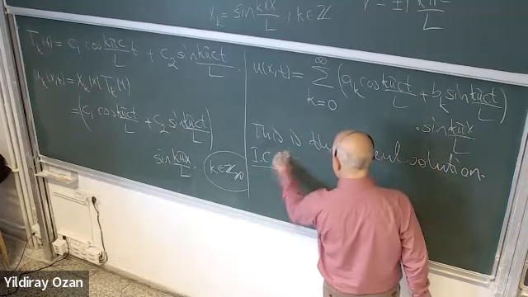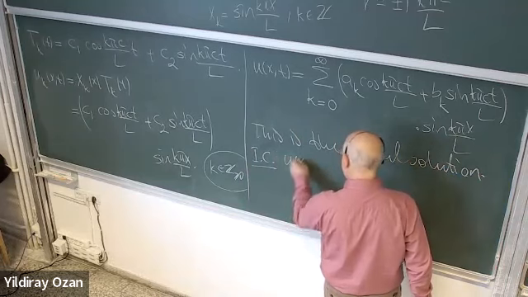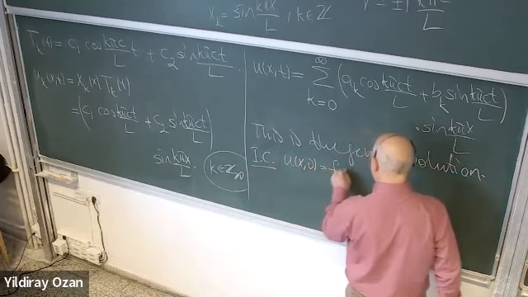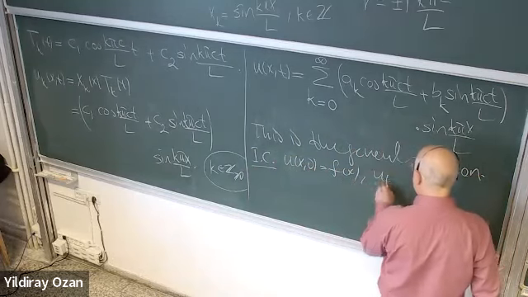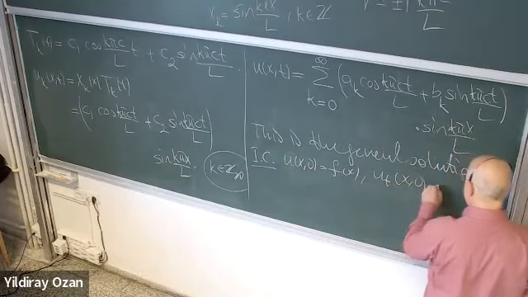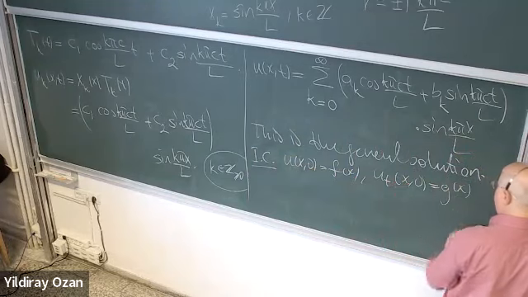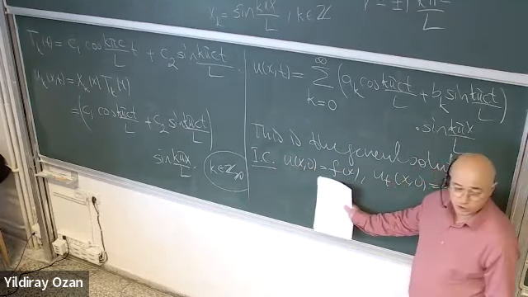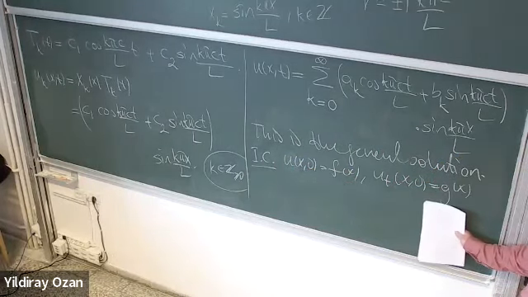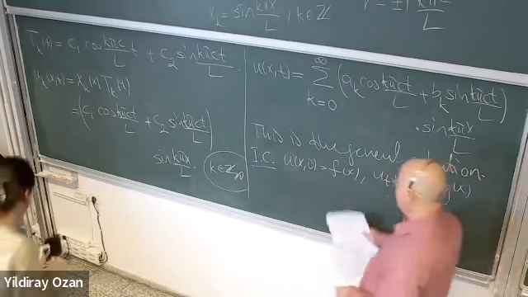What were the initial conditions? u(x,0) equals f(x), and u_t(x,0), the initial velocity, is g(x). This is the initial position of the wave, and this is the initial velocity of the wave.